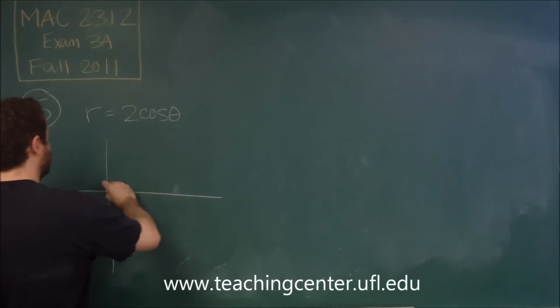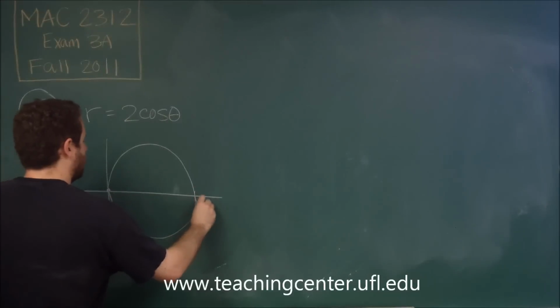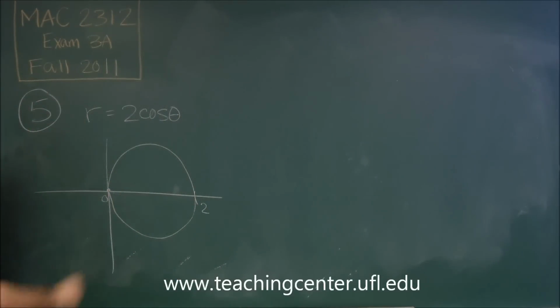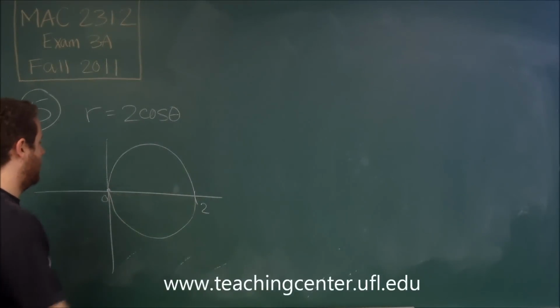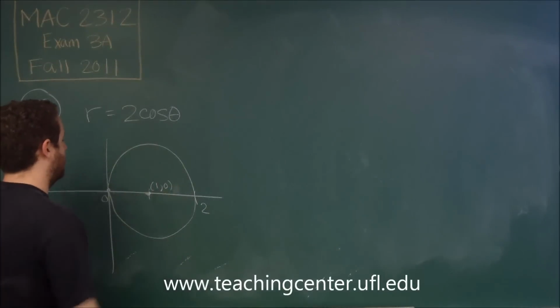So its radius is 1, which means it's a circle that goes to 2 from the origin. So we just have a circle over here in the right half of the graph. Its center is right here at the point (1, 0).